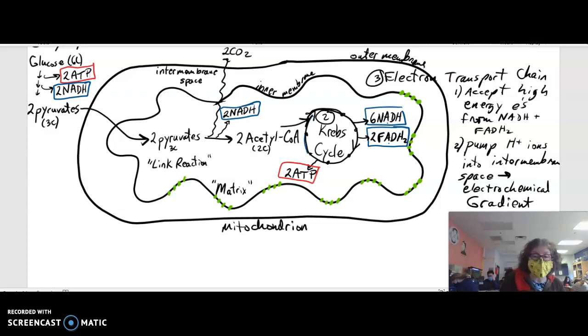All right, so here's all these electron carriers. And in their reduced state, they're carrying high energy electrons. We learned about that. They're going to go over here and release those electrons and give them to these little green circles, which are the electron transport proteins. And what are electron transport proteins going to do?